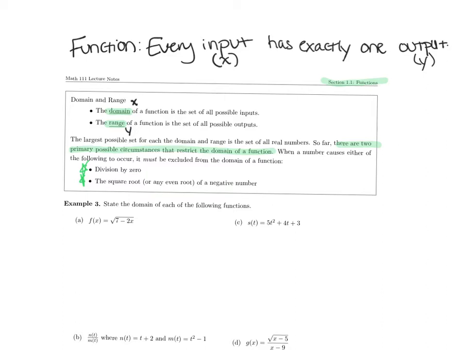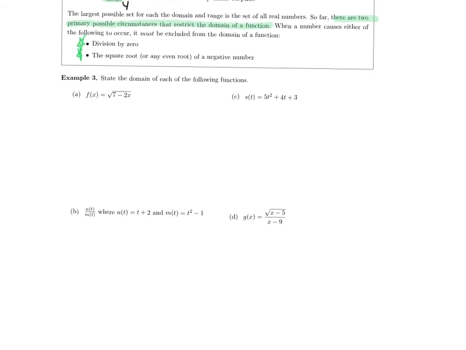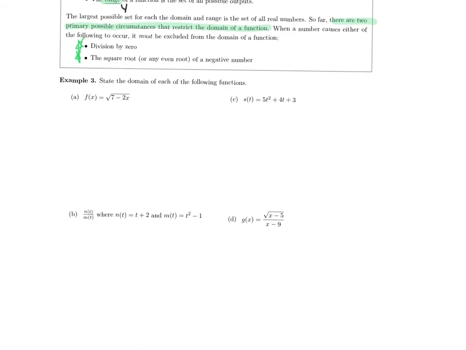So now that we know about domain restrictions, let's go about finding some domains. So if we see down here, I'm going to try to move this very carefully because I found it could tilt. We have just a few examples of different functions, and we need to find the domain of them. So if we take a look at question A, I go, okay, that's getting into our second category of a square root or an even root.